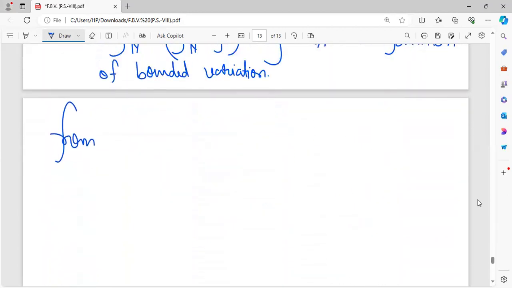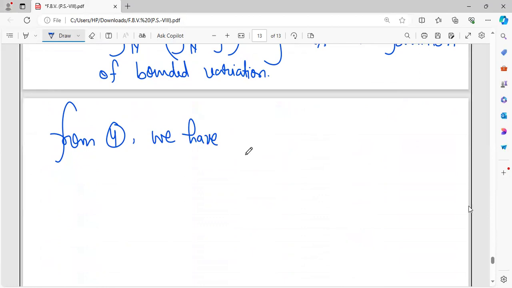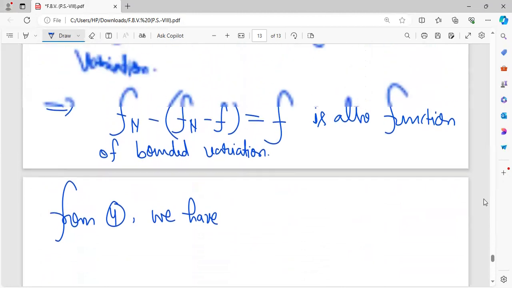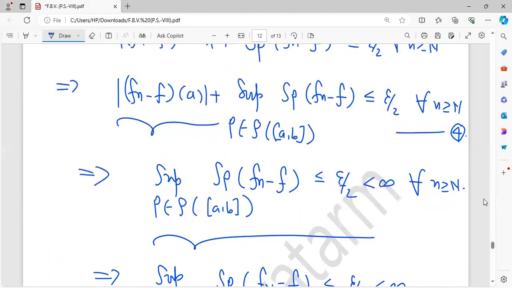Now from equation number 4, what was the equation number 4? Let's check it.